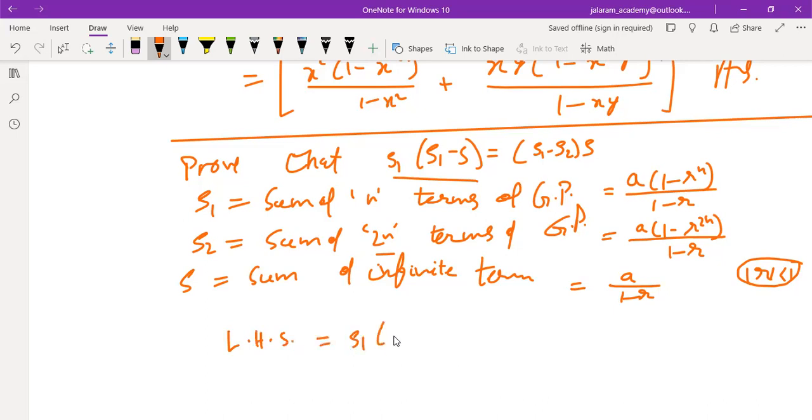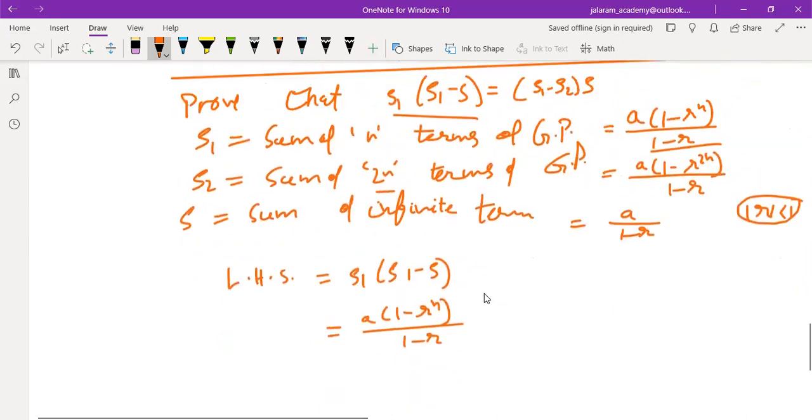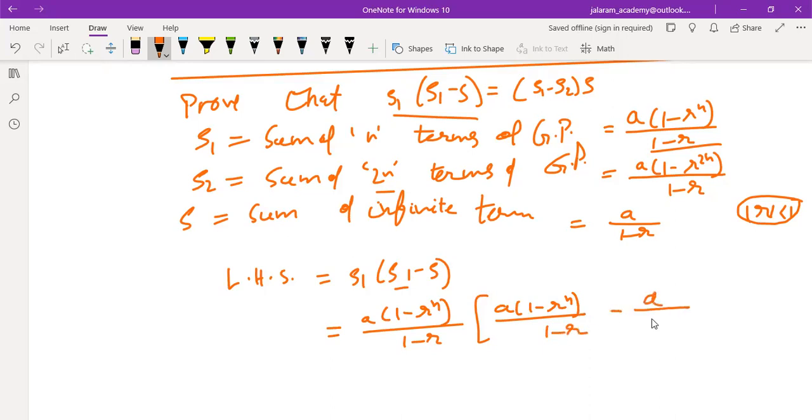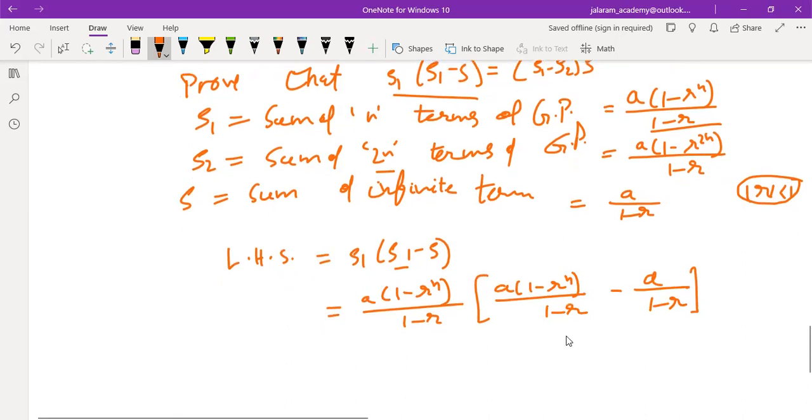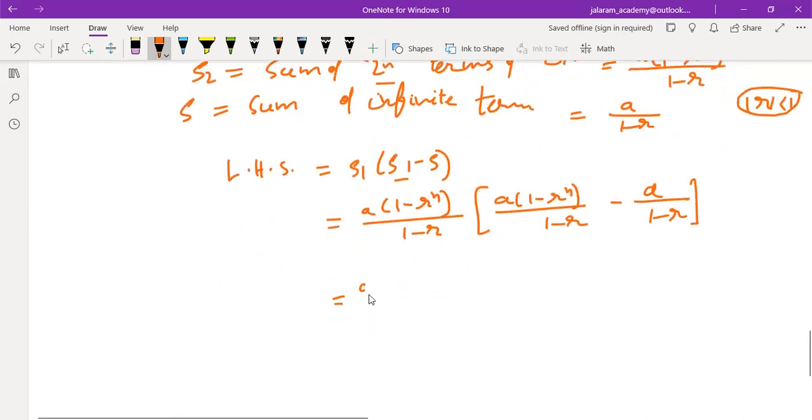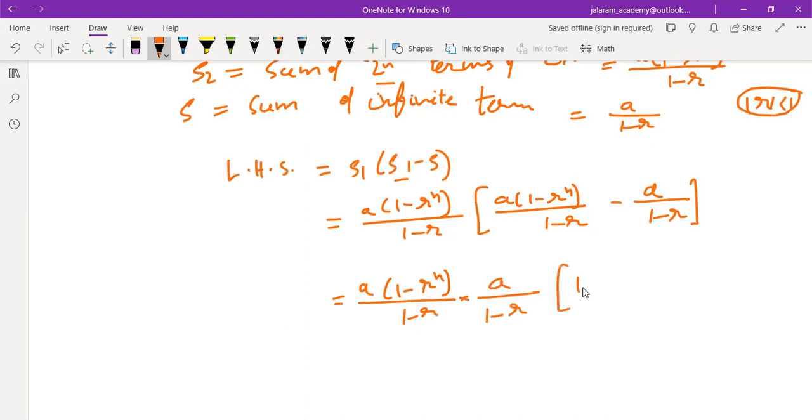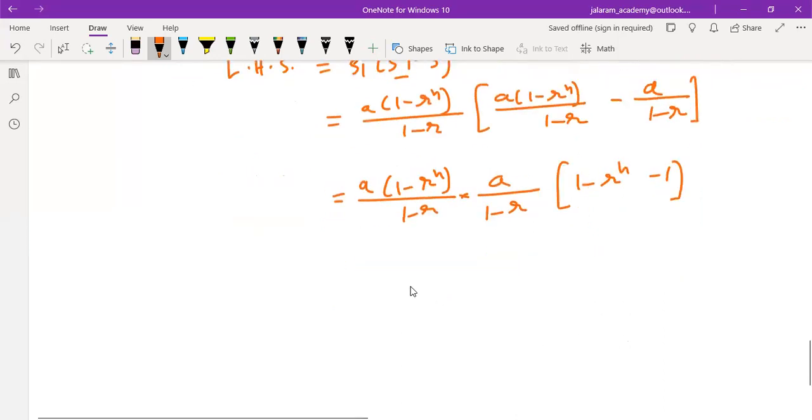which is equal to S1 into S1 minus S. S1 is A into 1 minus R to the power n upon 1 minus R, into S1 is again there, A into 1 minus R to the power n upon 1 minus R, minus S is A upon 1 minus R, equals to A into 1 minus R to the power n upon 1 minus R into common is A upon 1 minus R. So 1 minus R to the power n from the first, and from second there will be only minus 1, 1 cancelled out.